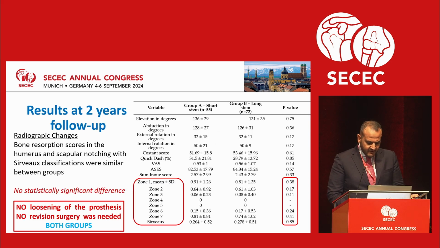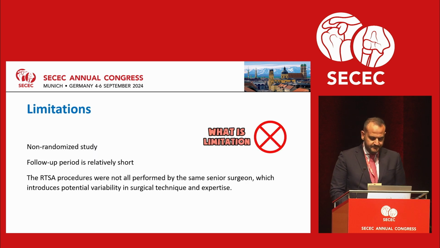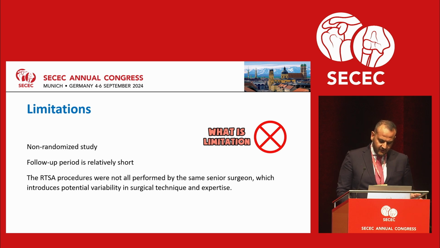Results at 2 years were very similar in both groups, no loosening of the prosthesis in both groups, and no revision surgery was needed in either group. Limitations of our study: it is not a randomized study, the follow-up is relatively short, at 2 years from the start of the study.